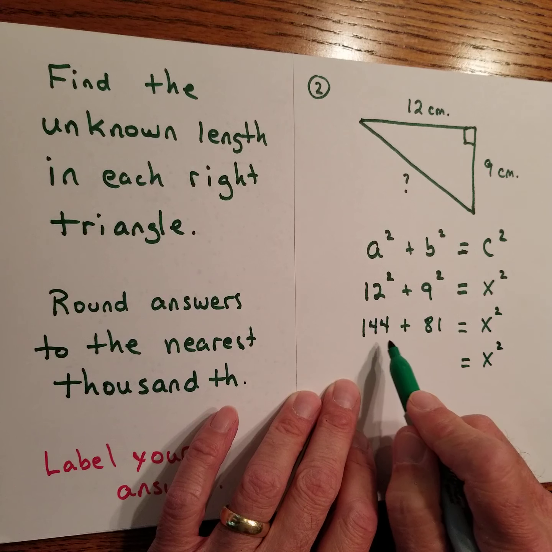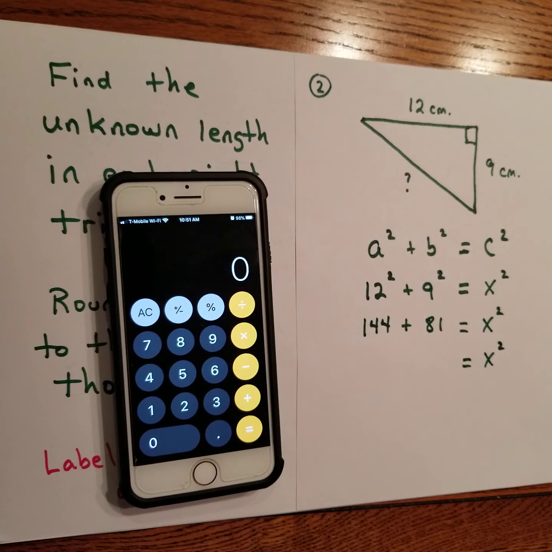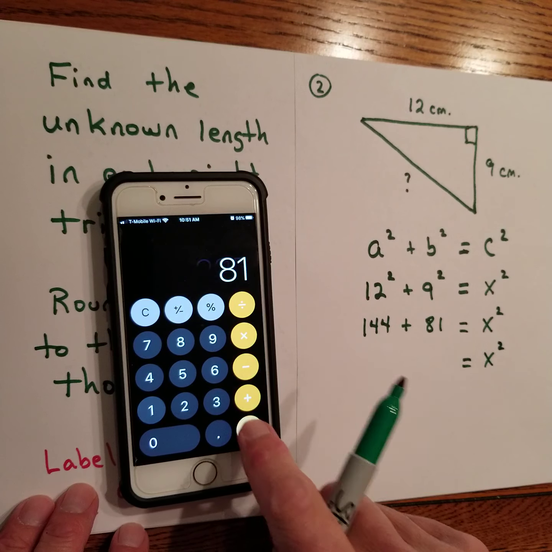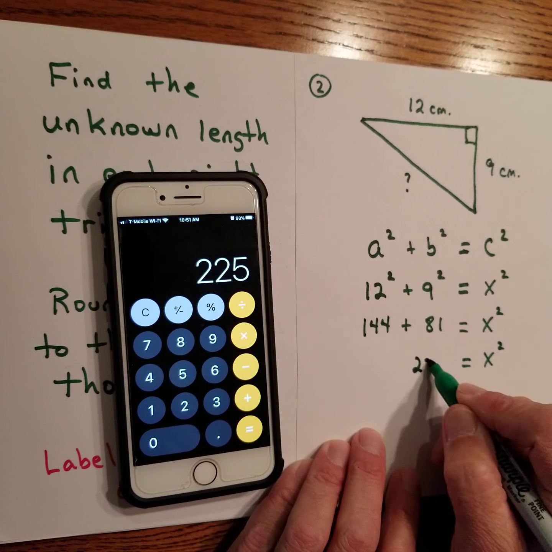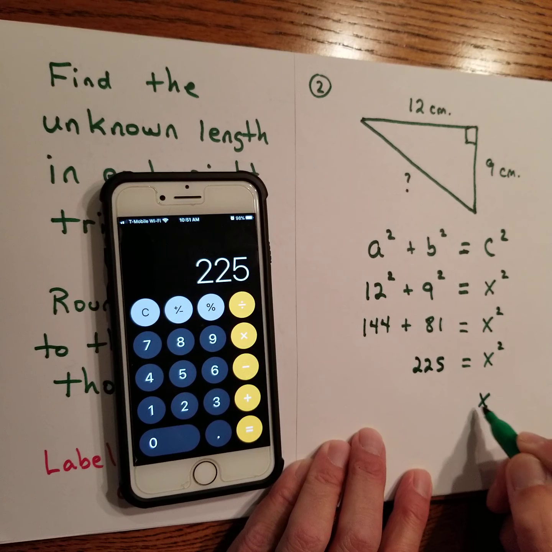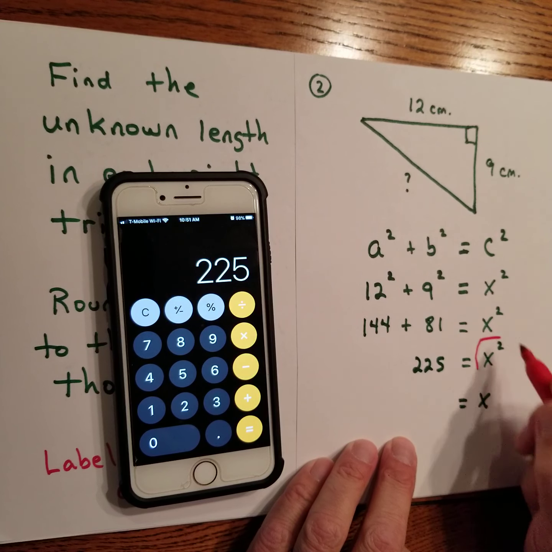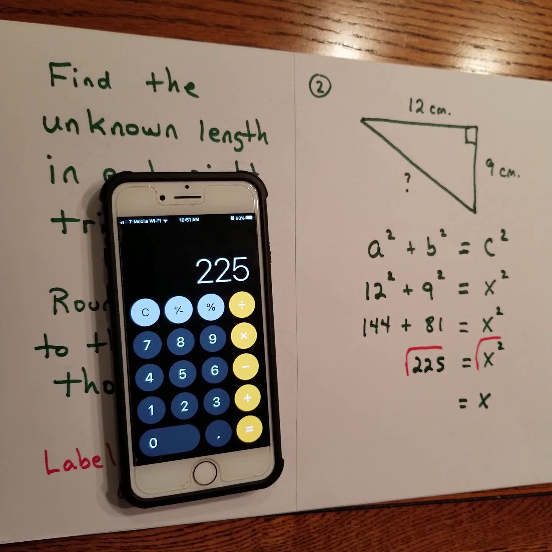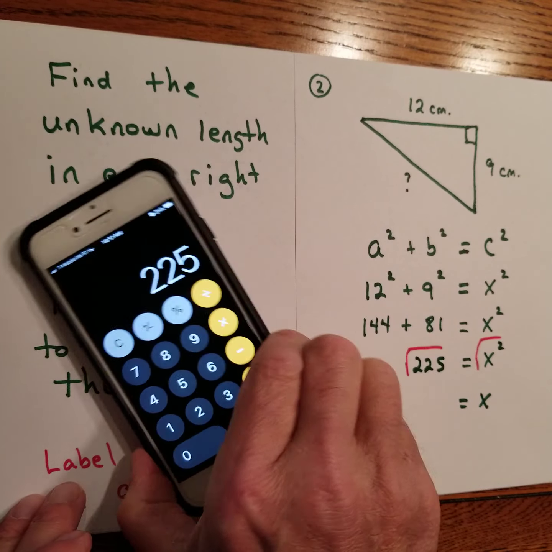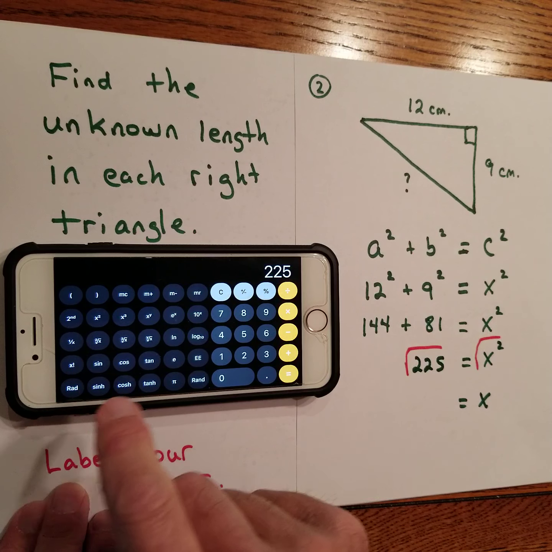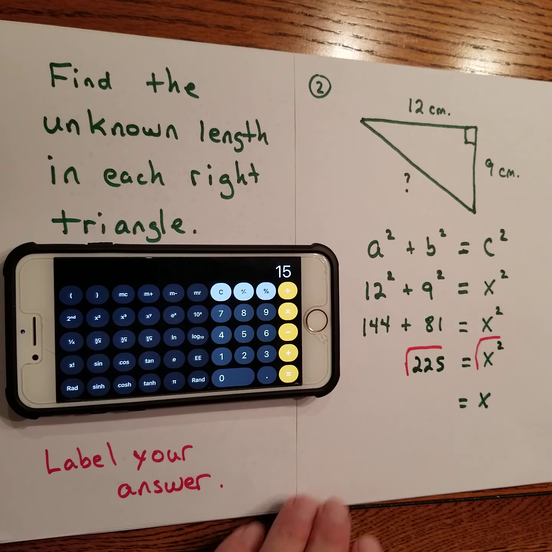Add 144 plus 81. 144 plus 81 is 225. Finally, we get the final answer by taking the square root. The square root of 225 is exactly 15.